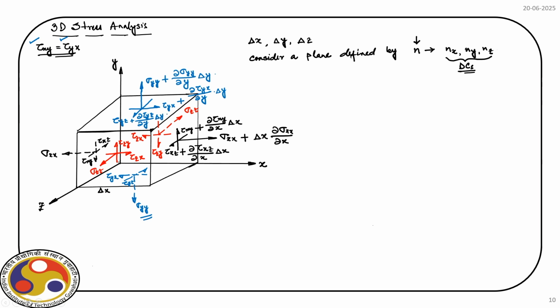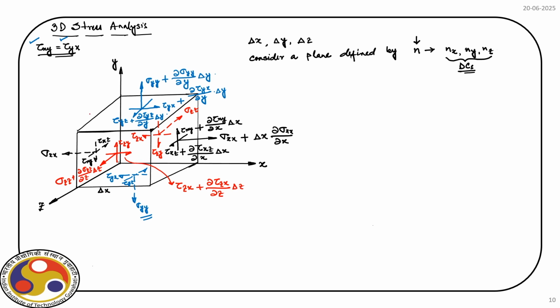Okay. The last face, that is the z face, let us complete. So, this will be sigma z z plus increment of sigma z z over z axis times delta z, right. Then this component, let us write it here. So, we will have tau z x plus variation of tau z x over z times delta z, right. Okay.